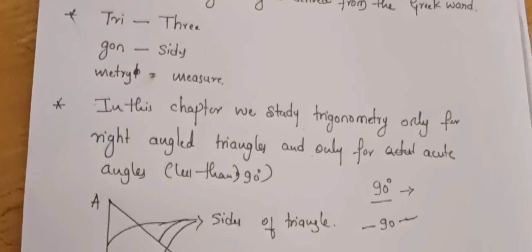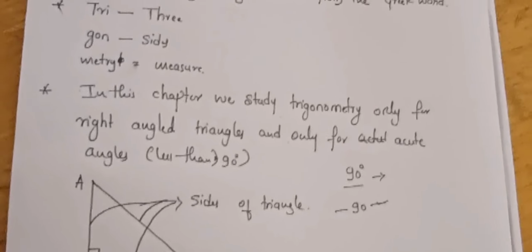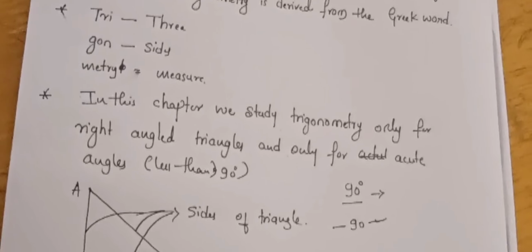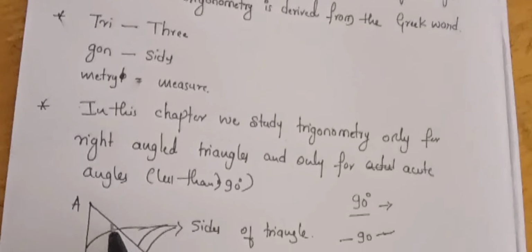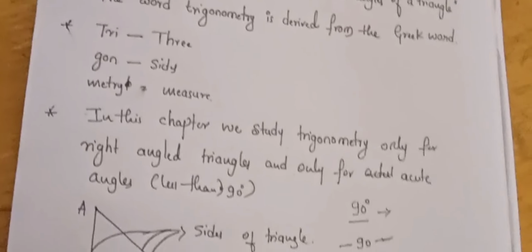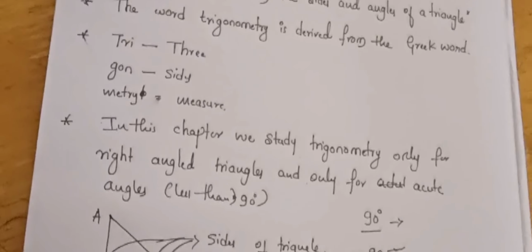Now let's discuss the right angle triangle. What is a right angle triangle? A triangle in which one angle is 90 degrees is called a right angle triangle. See, there is a triangle. It has three angles, that is angle A, angle B and angle C. Any one of the angles should be 90 degrees.